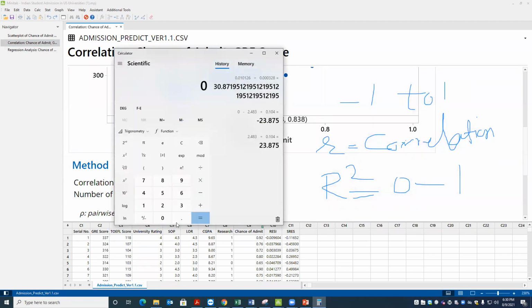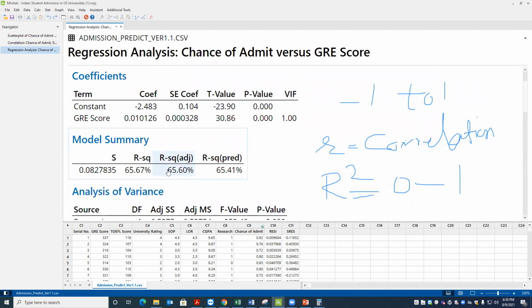So 0.81 into 0.81, 0.6561. Do you see this? And actually this is our coefficient of determination. So basically, in simple regression, if you know the correlation and you multiply r into r, you get the coefficient of determination.